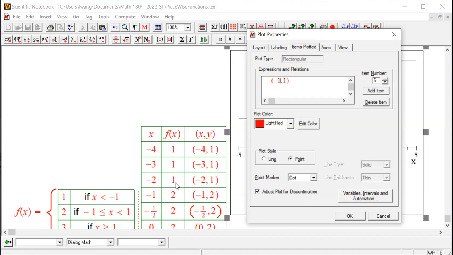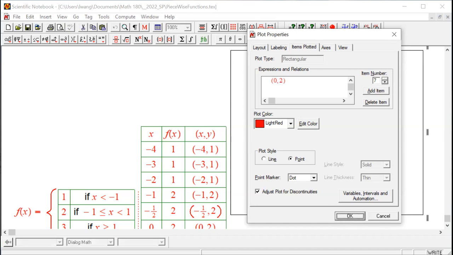Because now we're at +1. So we're just doing these points one by one. Okay, -1, 2. And the next one would be -½, 2. Zero, 2.